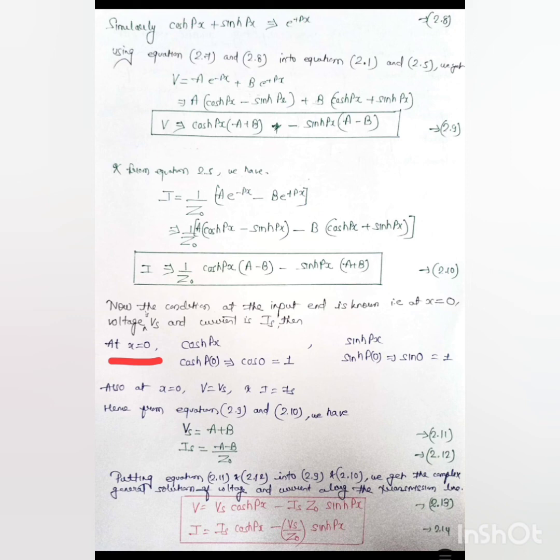In that case, we have the cosine expression cosh(px), and after putting x equals 0, cosh 0 is 1, so we take 1. For sinh(px), sinh 0 is also a 0 term.